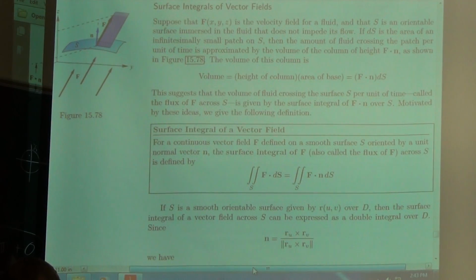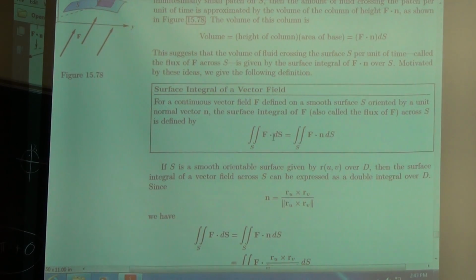And so the formulas, well, they give you this right here. You really want to be measuring the volume of fluid that's passing through, and so they give you a measurement here. The volume is essentially the height of this, which comes down to just calculating what they have here. And so the takeaway is that we call this a surface integral.